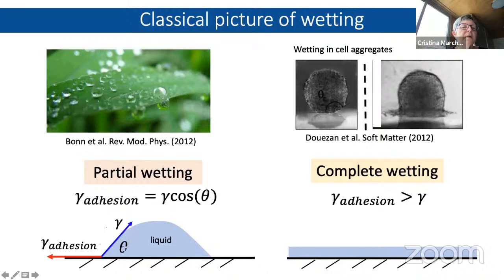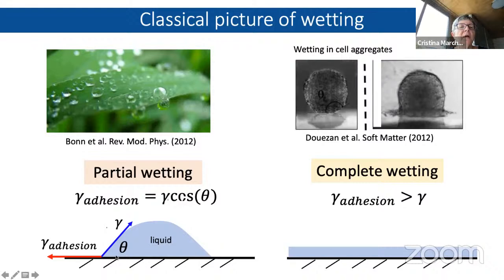So between the adhesion force between the drop and the interface, and the tension between the liquid and the air, when you have an angle like this, our droplet over here may have an angle that is actually larger than pi over 2. An angle smaller than pi over 2 is called partial wetting, and a lot of liquids behave this way.